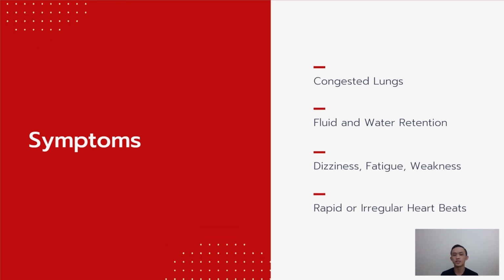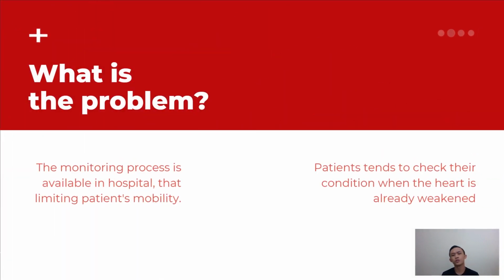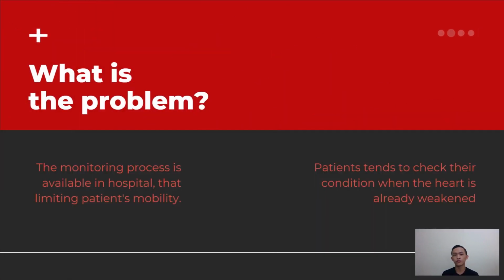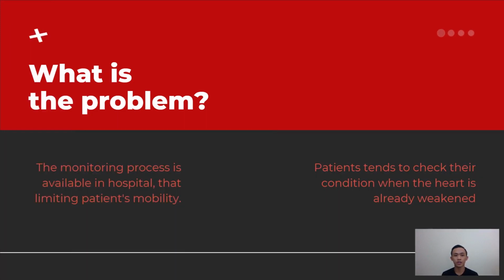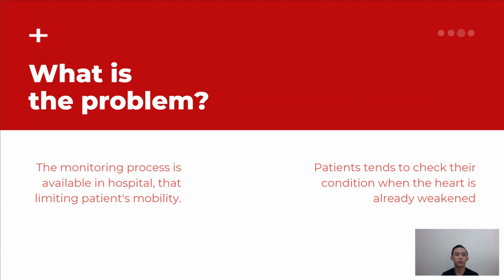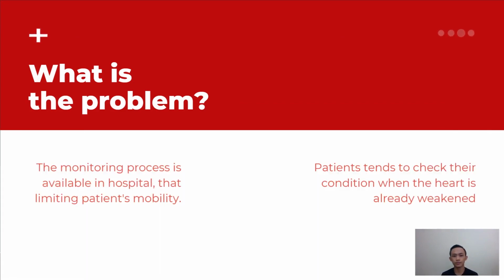Now, if this is a terminal illness and most likely cannot be cured, so what is the problem? Since it cannot be cured, you have to monitor the patient's progress over time. Now, the monitoring process is only available in the hospital, limiting patients' mobility.